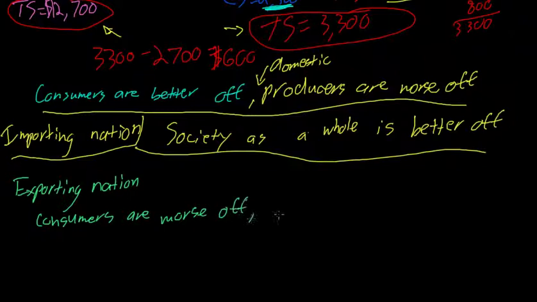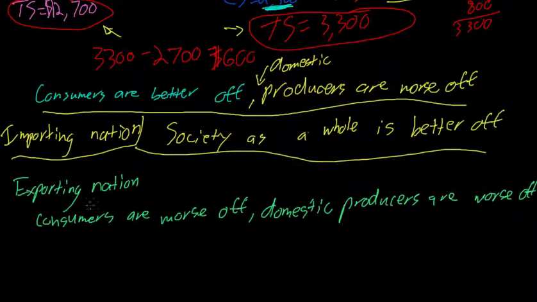Domestic producers are better off because they now ship their goods abroad and get a higher price for it. And then society as a whole is still better off. And you can see in the previous video that all of this goes with the numbers in the picture. So society as a whole is better off.